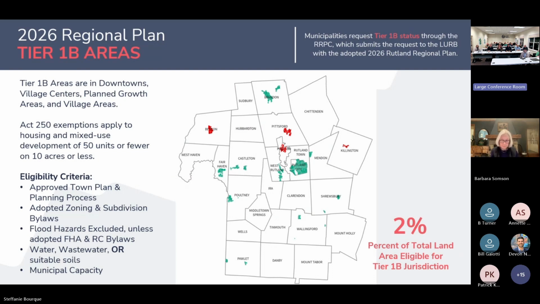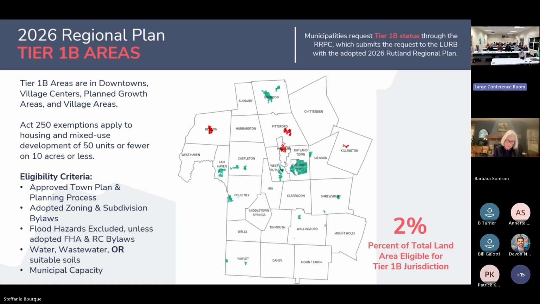A community can apply for Tier 1A once our plan is adopted. Tier 1A is full exemption to Act 250. We expect that to be limited to only the largest municipalities in Vermont, like Rutland City. Those applications go directly to the Land Use Review Board, and again, the Regional Planning Commission is not involved in that process.